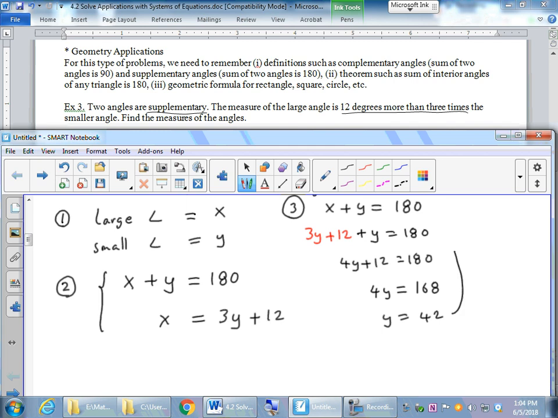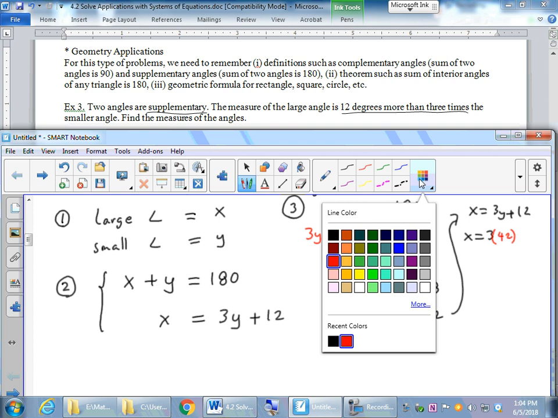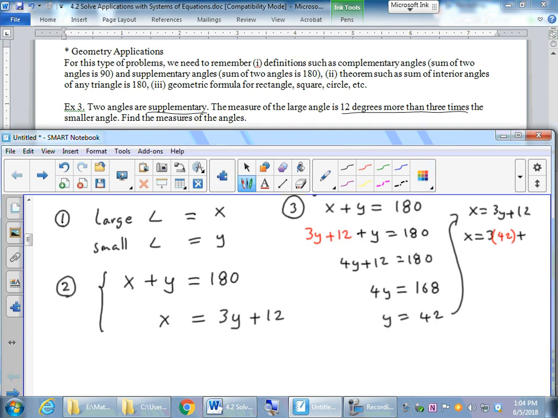So substituting this value into x equal to 3y plus 12, so x equal to 3 times my y value, which is 42, and then plus what? 12.